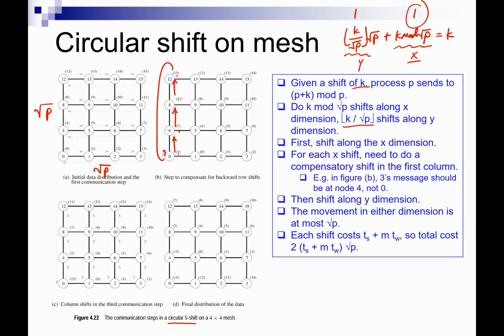There's no congestion when we do a single shift in the x or y direction. So each of the shifts costs you ts plus m times tw time because there's no congestion. Since you're going to shift at most root p times in the x direction and the y direction, the total time is going to be 2 times this thing times root p.